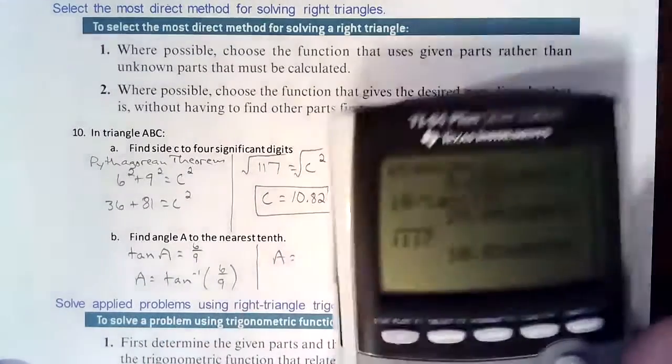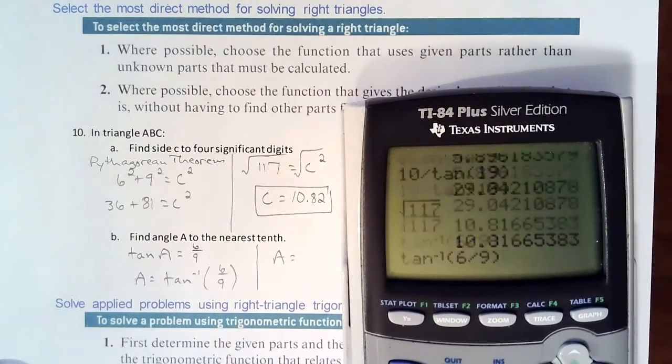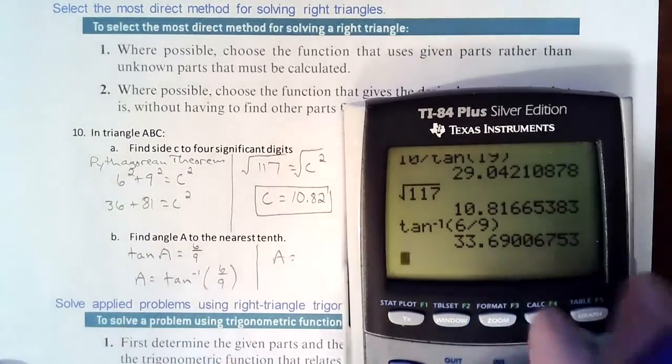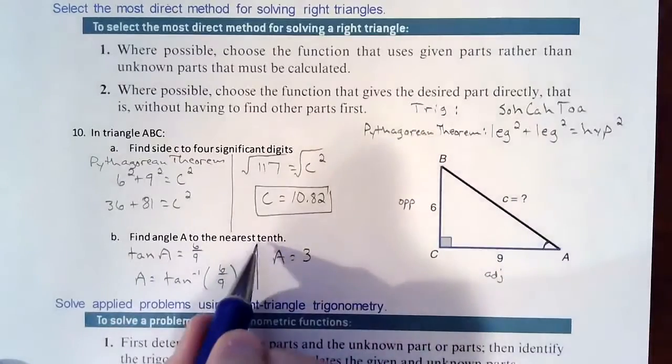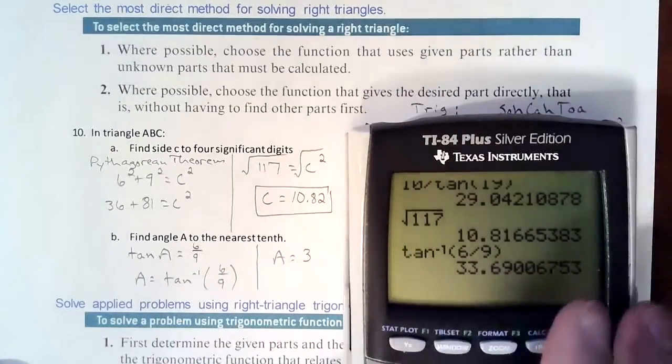All right, don't know what that is. We'll let the calculator figure it out. So inverse tangent of 6 divided by 9 is going to be 33.69 degrees. Round to the nearest tenth. Let's try that again. 33.7 degrees.